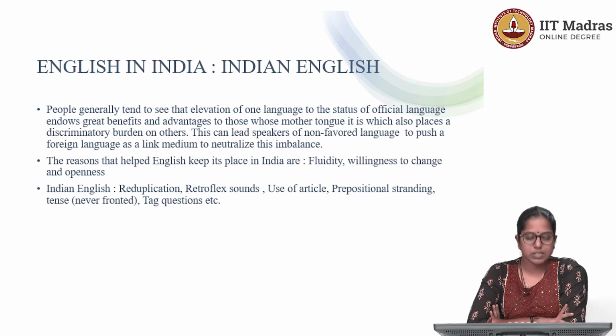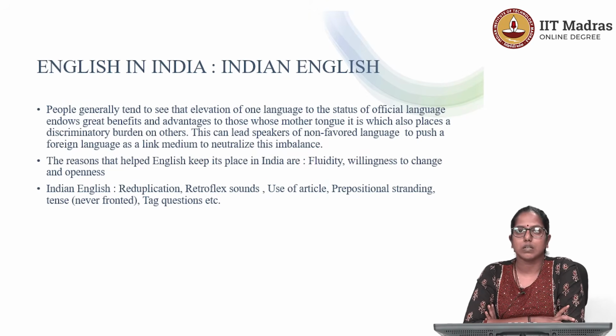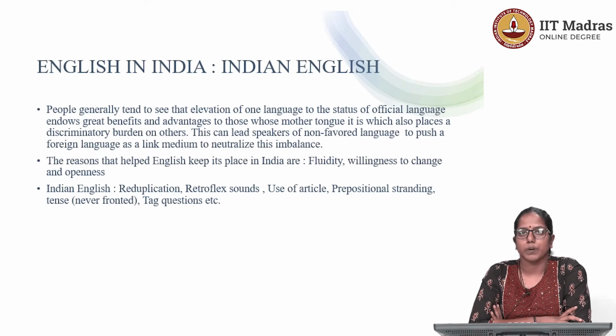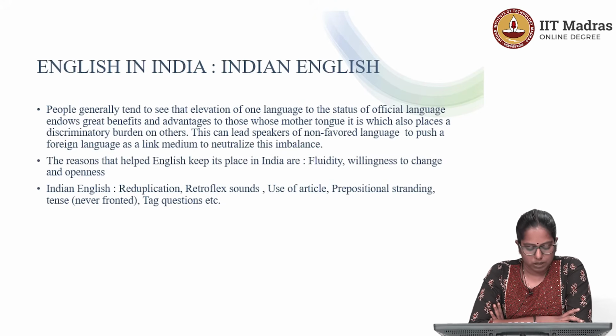Then you have what is known as retroflex sounds, that is the t sound, as in when we say table. It's different from how native speakers pronounce. They pronounce it as table and not table. Then we have wrong use of articles, that is, "and one fat man" instead of "and a fat man." Instead of "and one fat man," that's an erroneous expression.